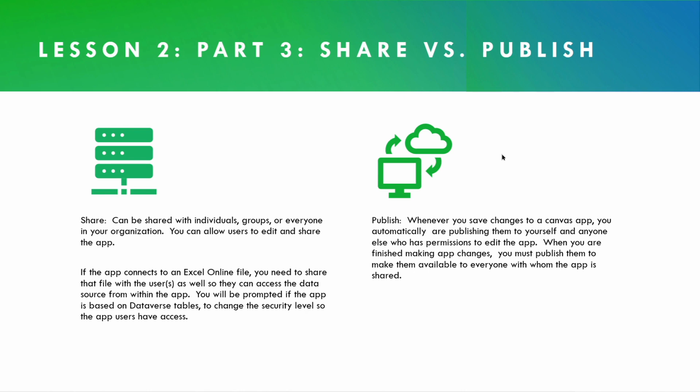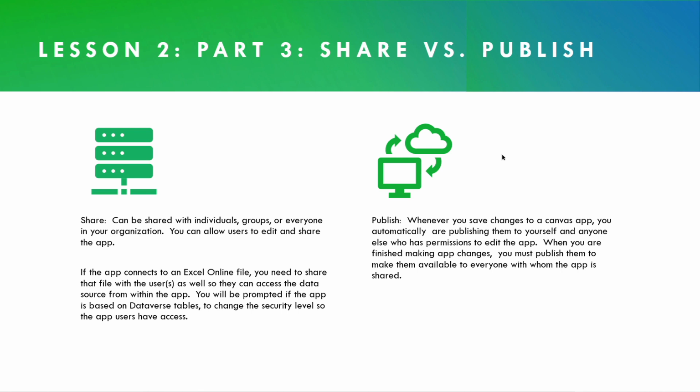So that's sharing. When it comes to publishing, you're kind of publishing your app every time you save it, but only to a limited amount of people. So whenever you are saving changes in your Canvas app, you're publishing those changes to yourself and anyone else who has permissions to edit the app, which you can grant them in the share screen.